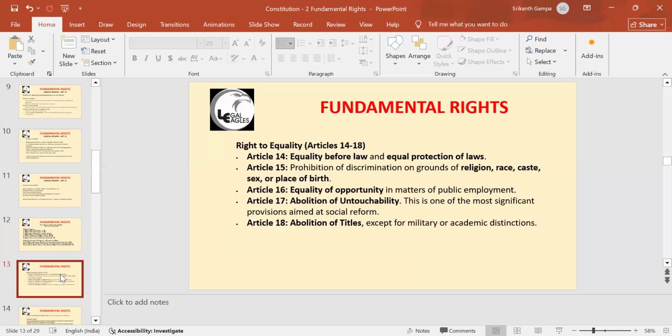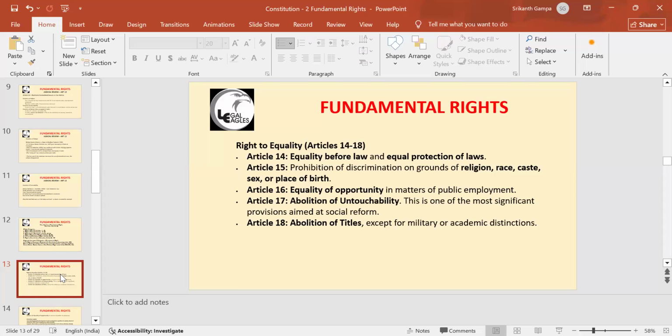So right to equality, there are basically 5 articles under it. Article 14, equality before law. Article 15, prohibition of discrimination on the grounds of religion, race, caste, sex, or place of birth. See, this question they will ask again.